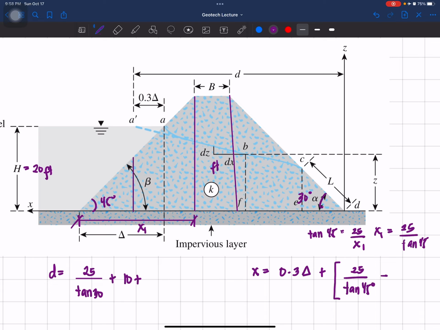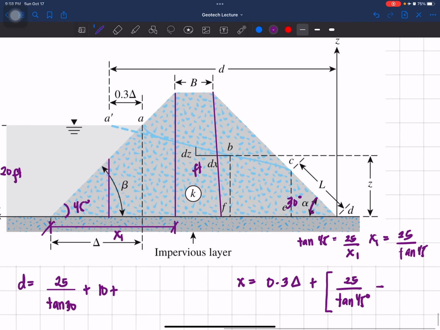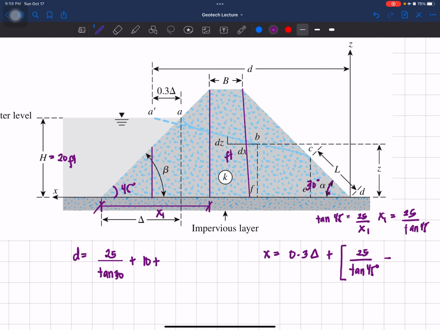Okay, minus, because we have to get the base as well of this triangle in here. So how do we get that? That is a similar principle, it will just be equal to the height of the water, because this is already the height of the water, guys, opposite over adjacent.